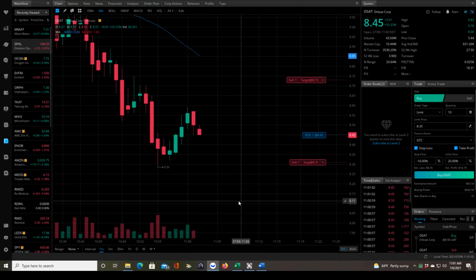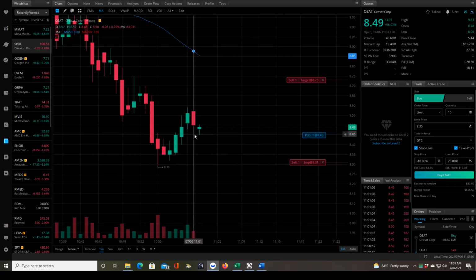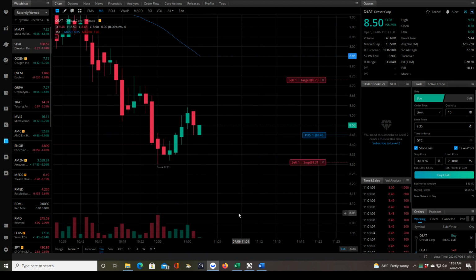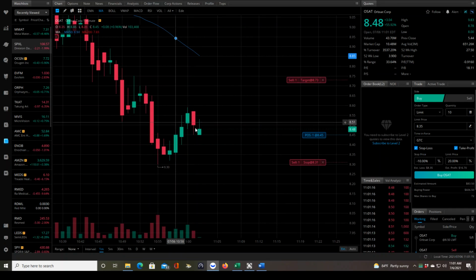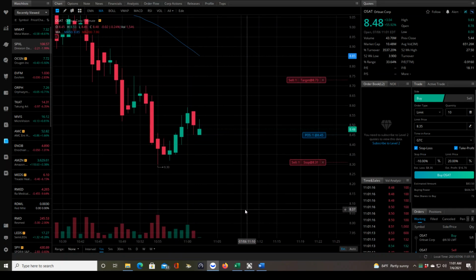Okay, so there's a candle glitch. I don't know if you saw in that candle, the body was all the way down here and then it went up here. It's like there's a delay. Once the next 1 minute candle forms, it's like the previous candle is still forming.